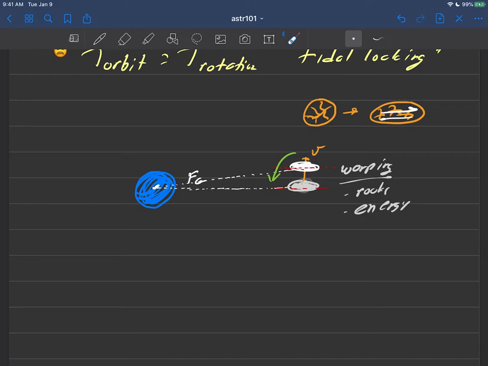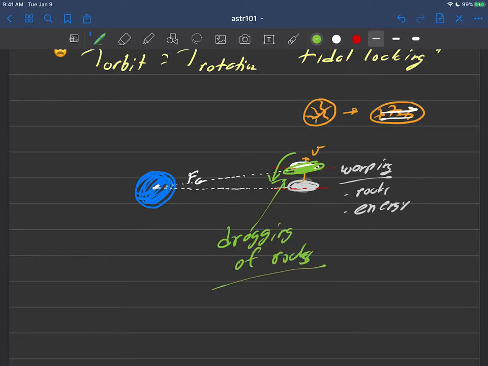But what actually happens is the warping will realign itself. Let's say it's going to start to look like this now. The warping is going to realign itself like that, but it does so with more dragging of rocks. That's the way the warping aligns itself with that gravity line, not with an abrupt rotation of the large warped planet itself.